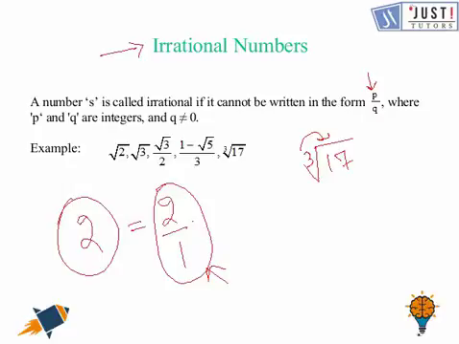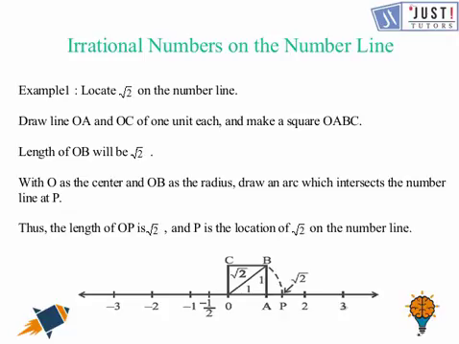Now we move ahead to our topic, which is about irrational numbers on the number line. Say you need to locate root 2 on the number line. To locate root 2, we'll draw a number line first. This is the origin O. On the right hand side, all the numbers are positive, and on the left hand side, these are negative numbers.